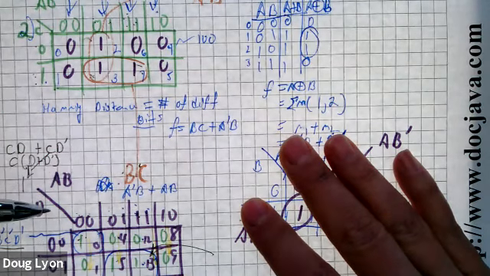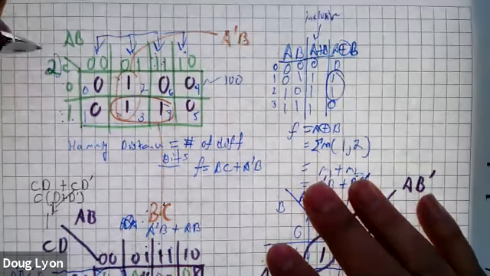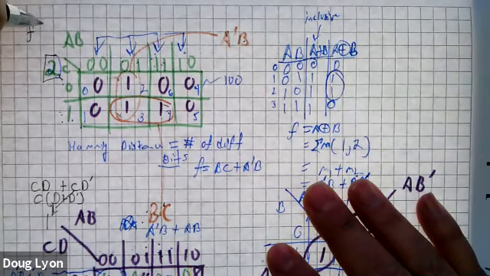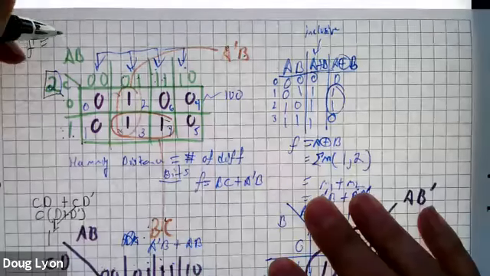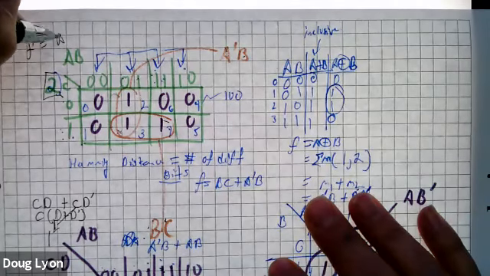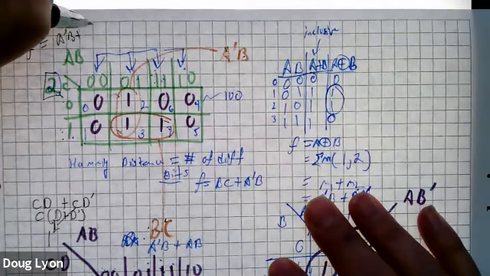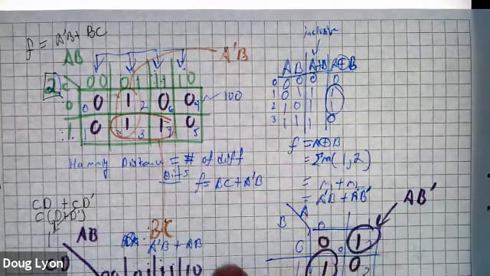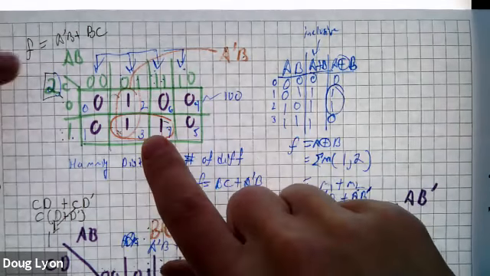That is uninverted. By the way, this is question 2 in homework 4. F equals, and we can write A prime B or BC. So that gave us a minimal sum of products. This is minimal.